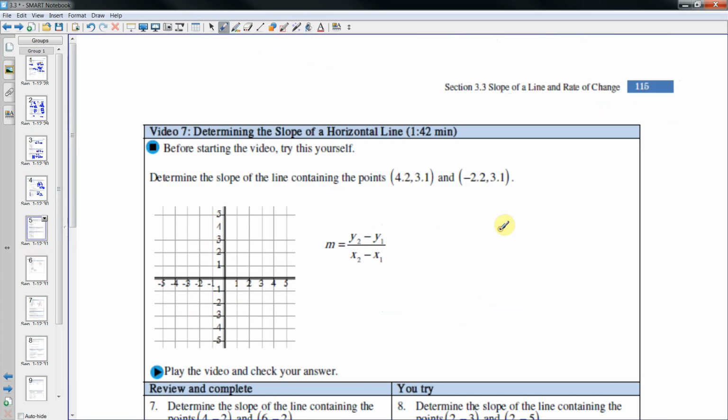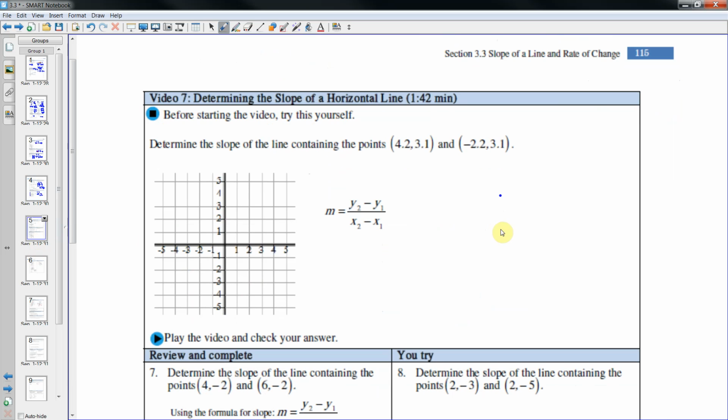Okay. This one says determine the slope of a horizontal line, but again, if you have decimals, you're going to use the same formula. So look what happens. I've got a 3.1 minus another 3.1, so I know that's going to cancel out and give me a 0 on top. So I know this is going to be a 0 slope before I go very far at all.